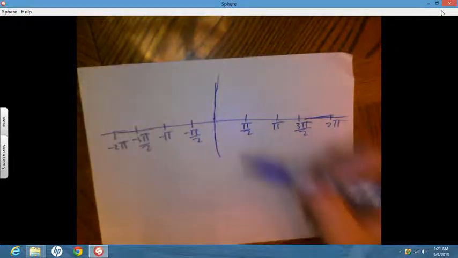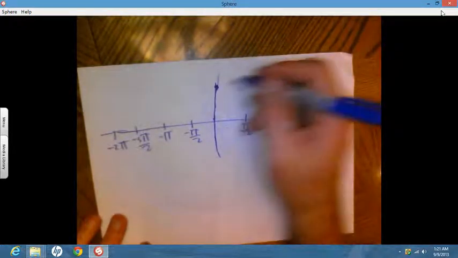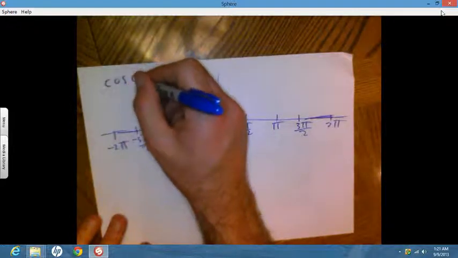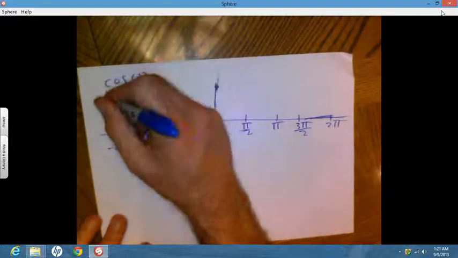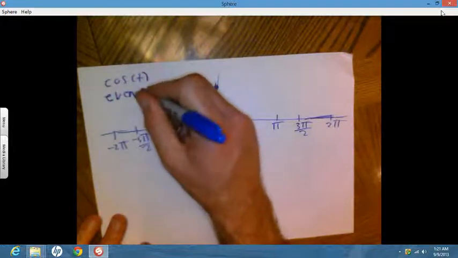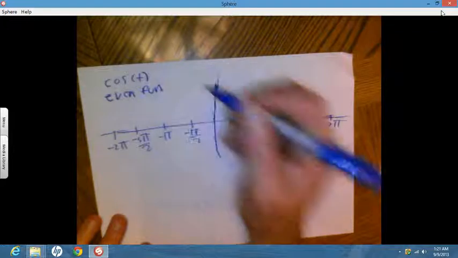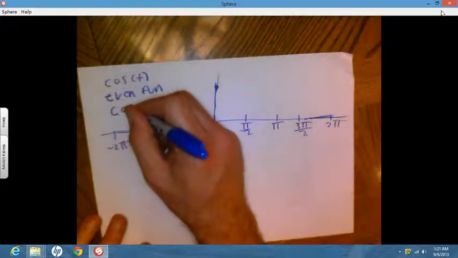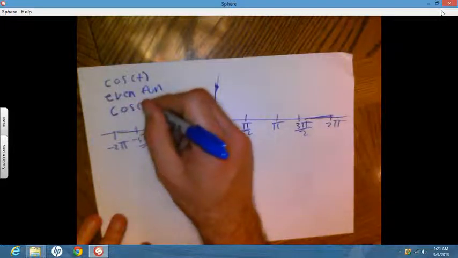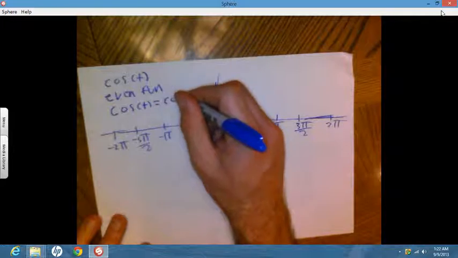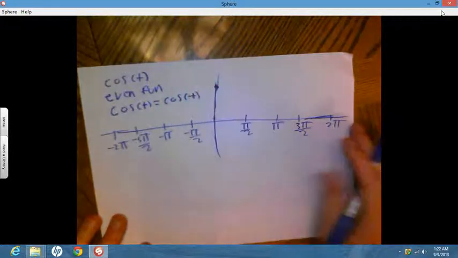And I'm going to give you some information we'll see in a second, but this is called an even function. And what the even function means is that the cosine of t is equal to the cosine of negative t. Okay? So according to our chart, at 0 degrees we're 1. And if we look at pi over 2 degrees, we're 0.